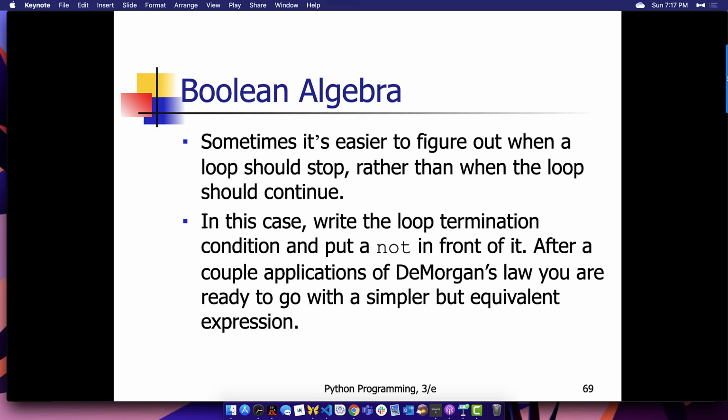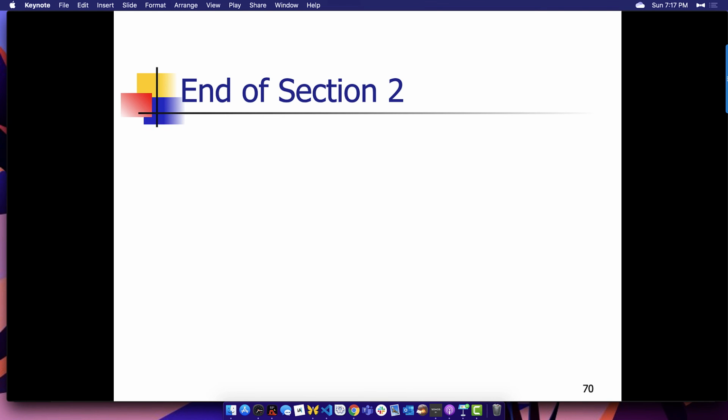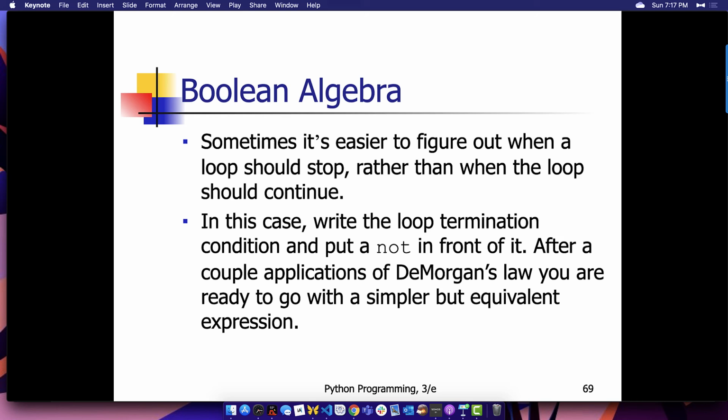After a couple applications of De Morgan's law, you are ready to go with a simpler but equivalent expression, right? So that's what I have for Boolean algebra. There are some exercises in the book which I provide you the answers for. And I would go through them just to see how everything works.